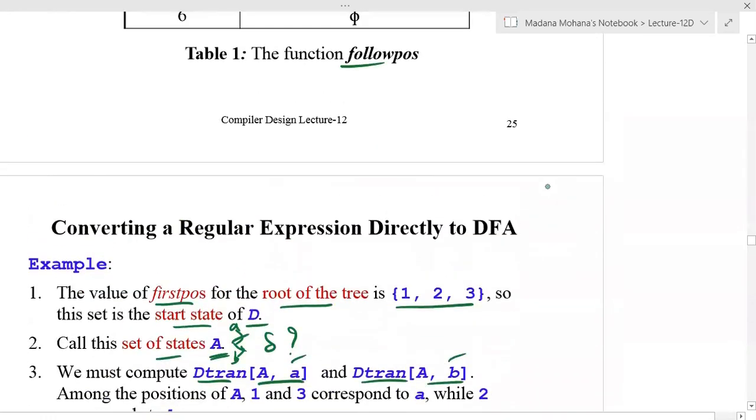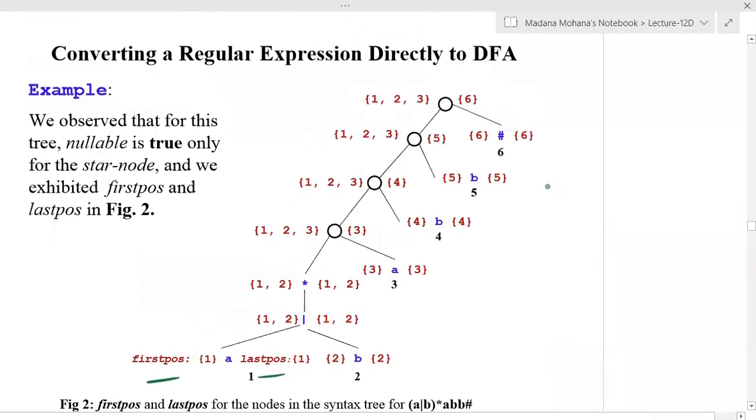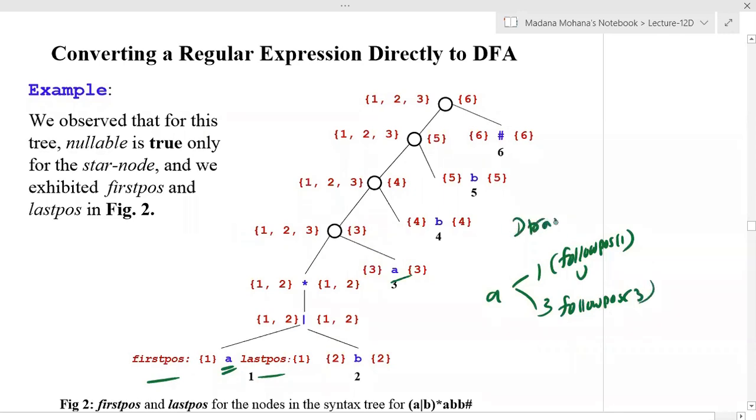In the syntax tree, for a, the position is 1, and again a at position 3. Now you take followpos(1) union followpos(3). This is Dtran[A, a].